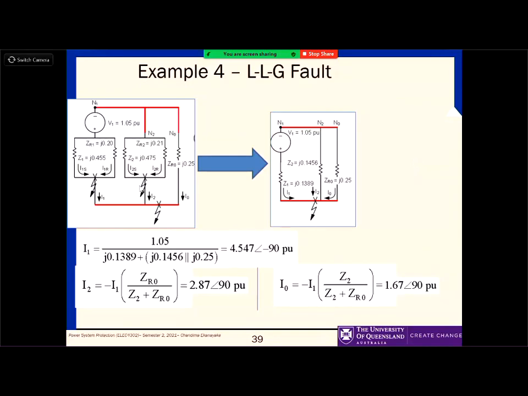You can see that everything is connected in parallel, right? And then zero sequence is also connected in parallel. Straightforward. Find the values, and once you find I1, I2, then I0, then after that it is quite easy, the other part, right? IA is this much, IB is this much, IC is this much.